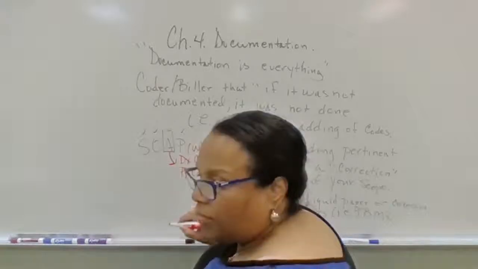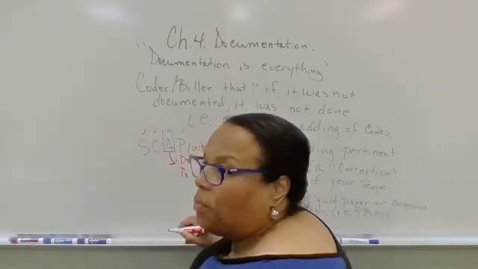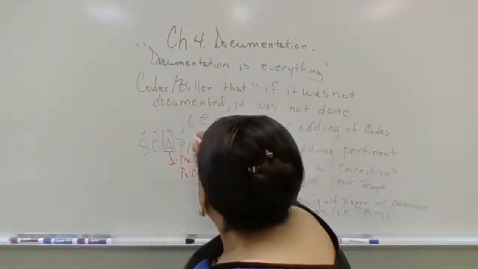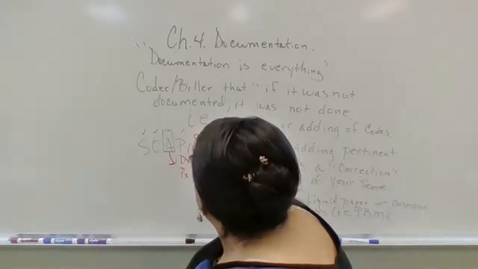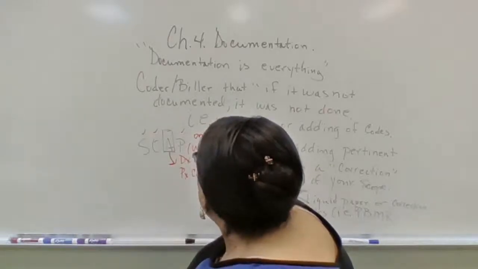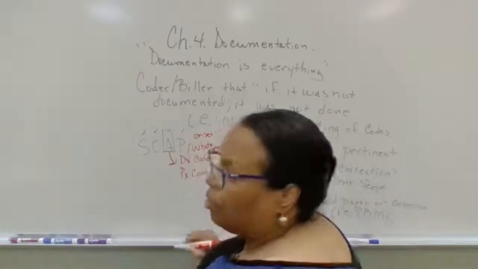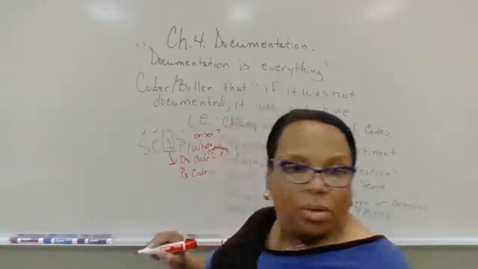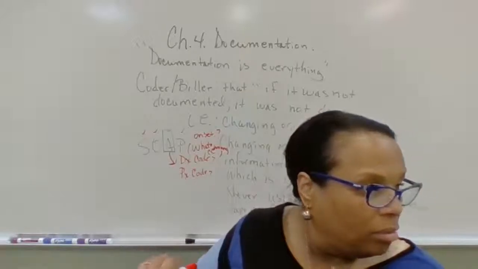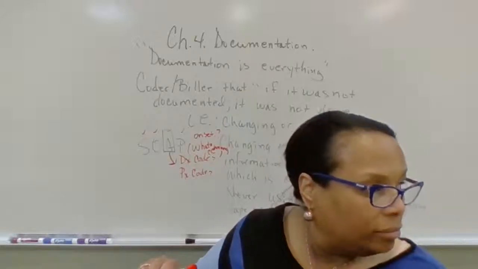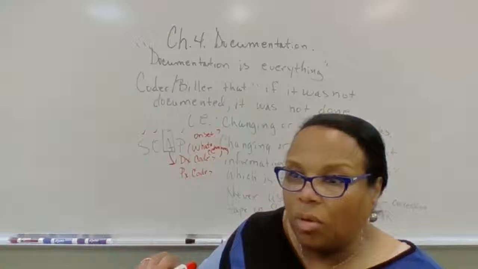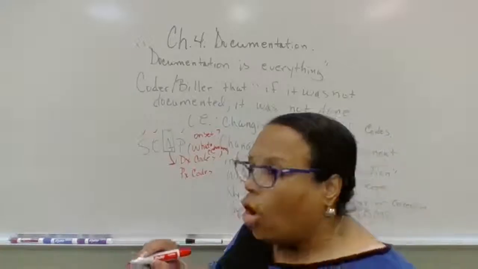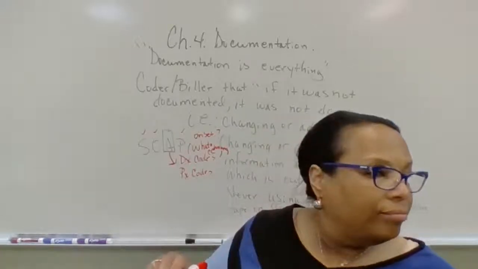CC means chief complaint. Or what is your onset? Onset meaning what? How long has this occurred? A day or two? A week? 2 weeks? 3 weeks? A month? The patient needs to tell you how long this has been going on. Or what's your chief complaint?